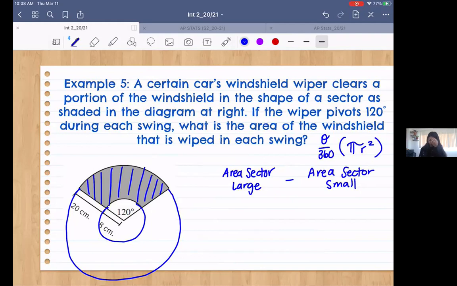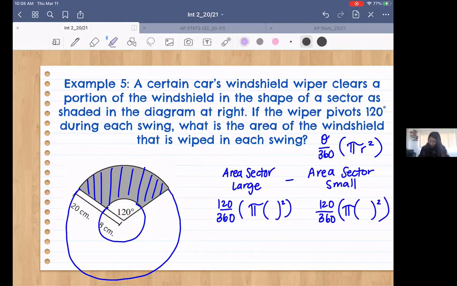Okay, so notice that both of those have the same measure. Both of those are actually 120 degrees. So I'm going to plug that into my formula. Let me just do one piece at a time so that you guys can see both. Okay, and then I have pi and then r squared, and I have pi, r, and then squared. So we've got to figure out what our r value is.